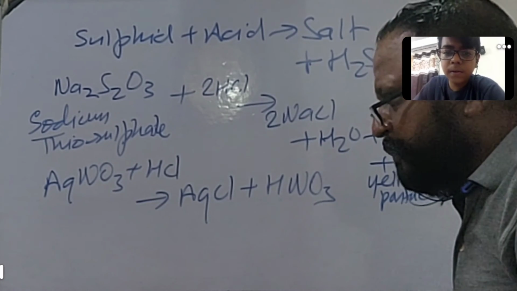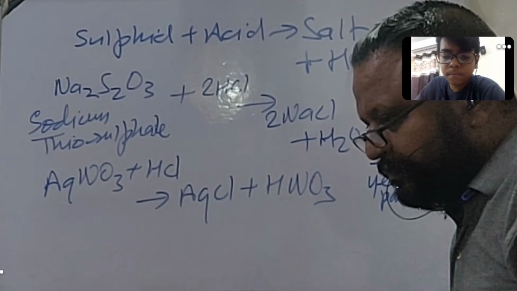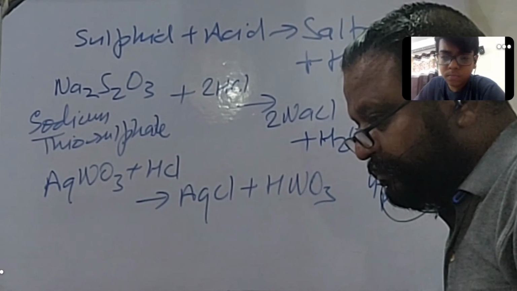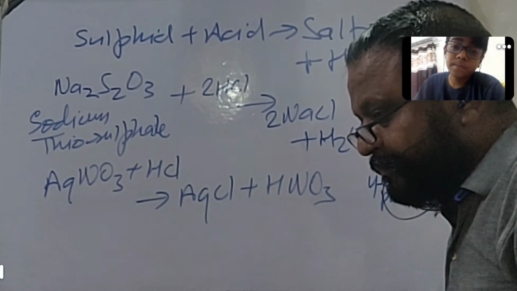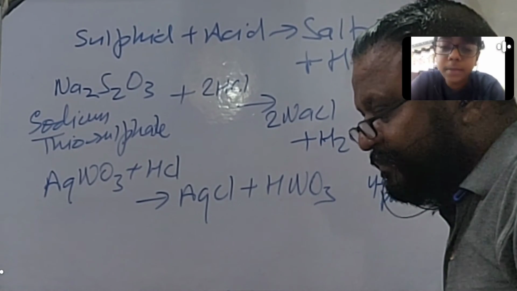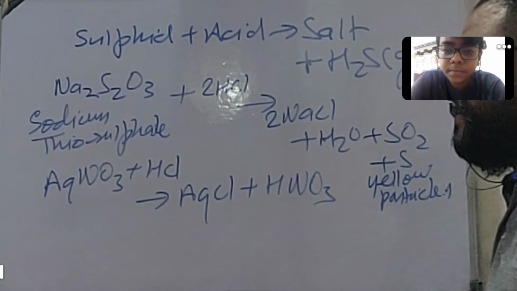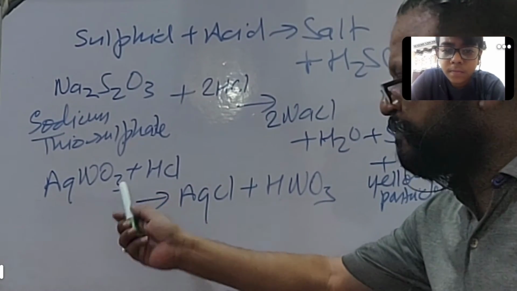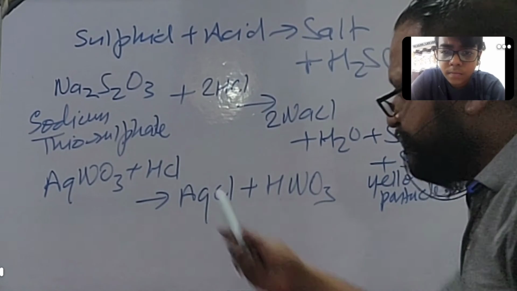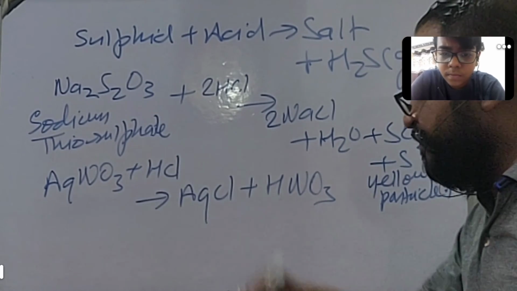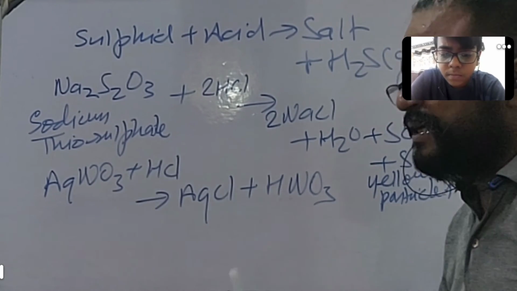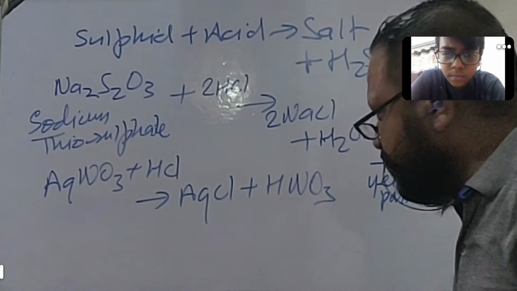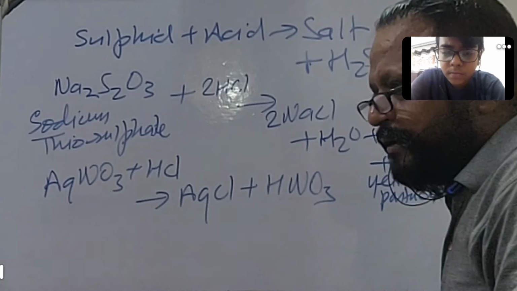AgNO3, silver nitrate. If NO3 is there, nitrate is having -1, so silver will have +1. So that's why AgNO3, when silver is having +1, it means AgCl is correct because Ag is having +1 and chloride is having -1. Then things are clear, right?